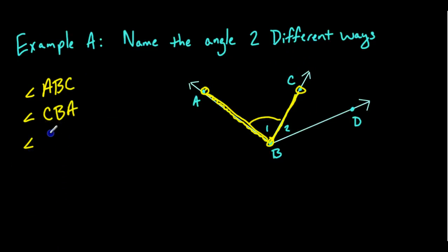A third way you can name this one is just by calling it angle 1. The 1 is inside that angle, it's the only angle it could reference, so we can name that one angle 1.